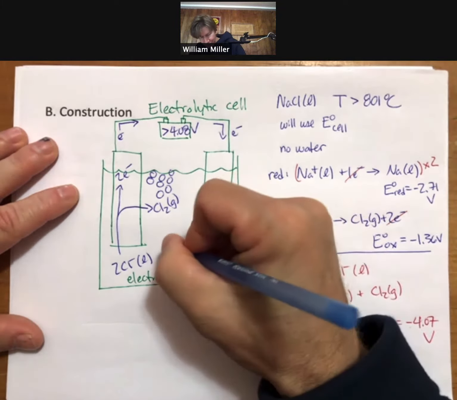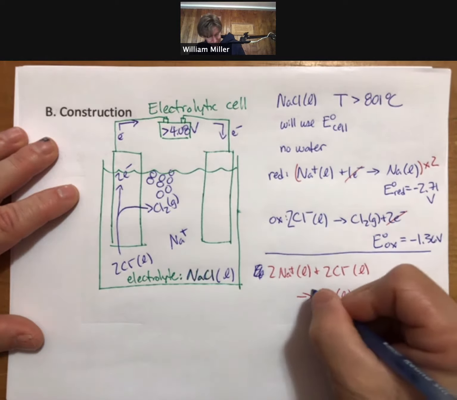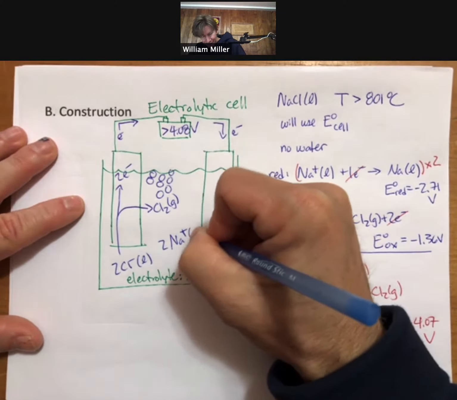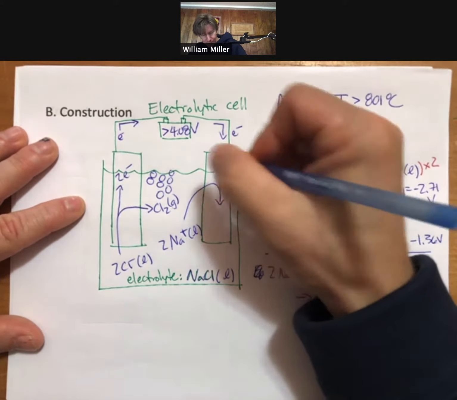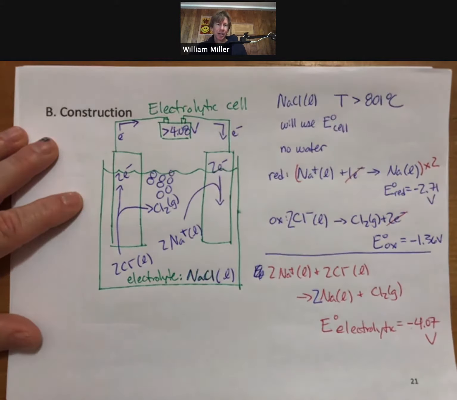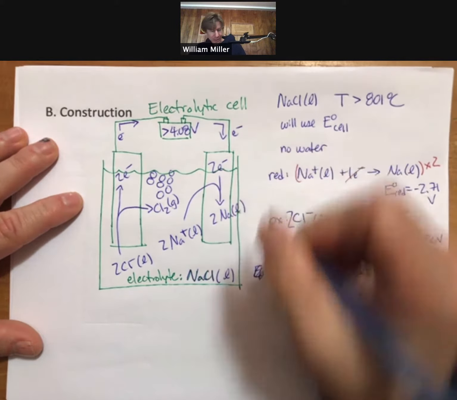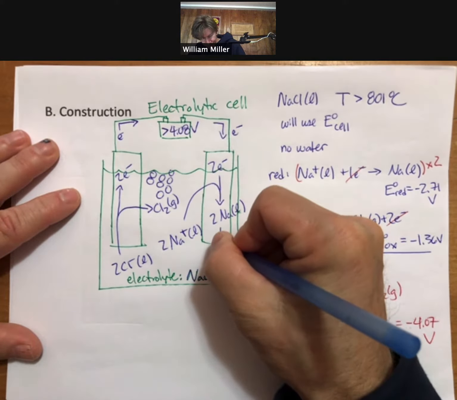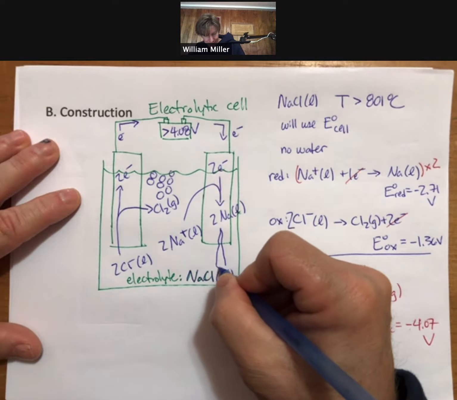That takes sodium and two of them. Did I balance that out? Oh, I forgot my two down there. Takes two sodiums in the liquid phase. They team up with two electrons and become two sodium liquids. And if you want to, you can draw a liquid coming down here to the bottom.